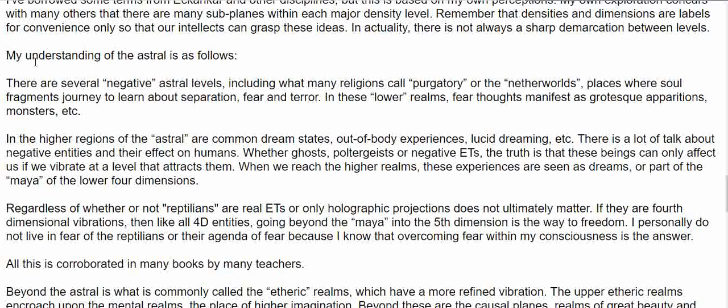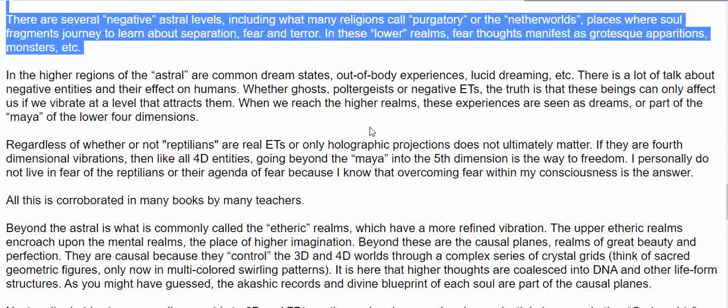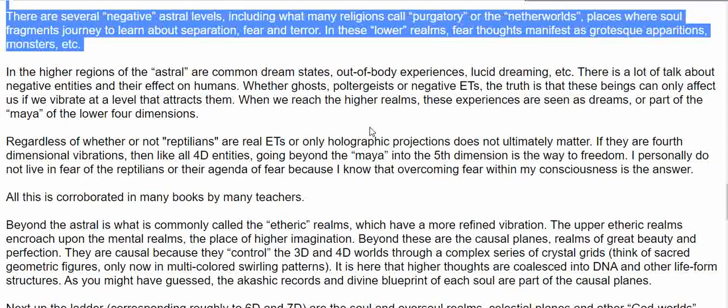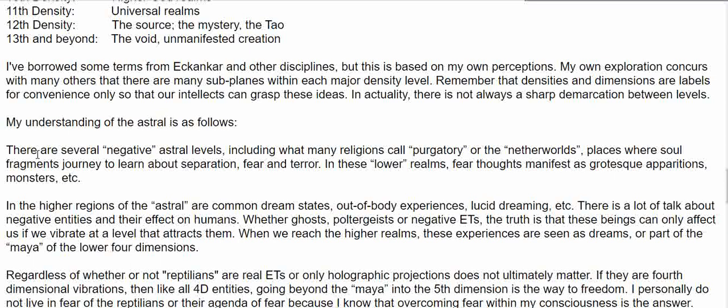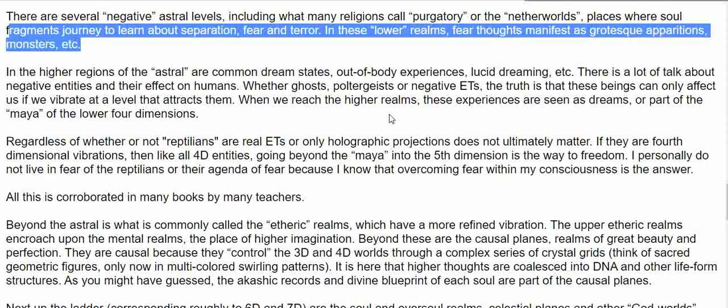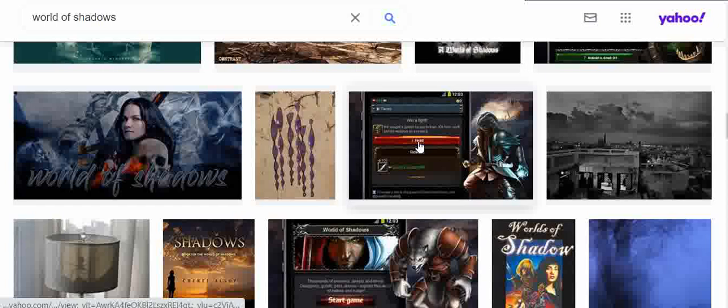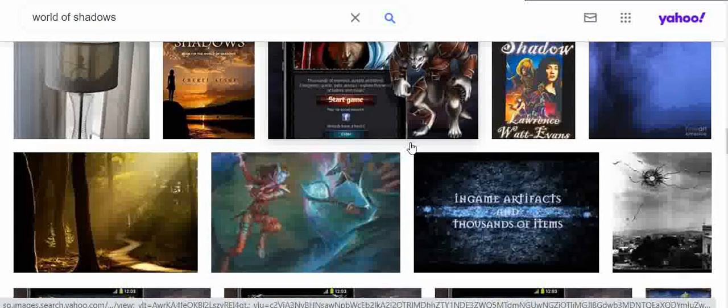There are several negative astral levels, including what many religions call purgatory or the nether worlds, where all the dirty people go, places where soul fragments journey to learn about separation, fear and terror. In these lower realms, fear thoughts manifest as grotesque apparitions, monsters, correct, very, very correct. But why create such a world in the first place? I think that if there are separate entities, they come into accord.